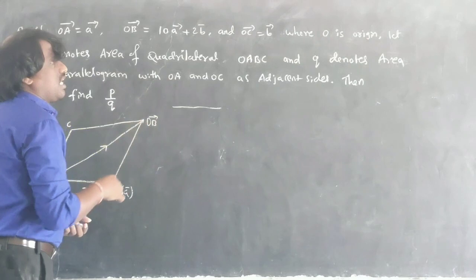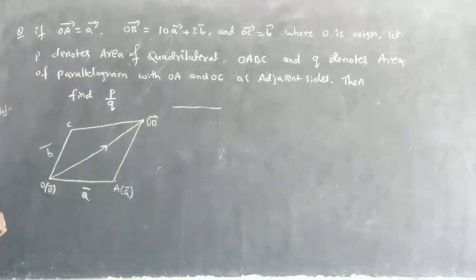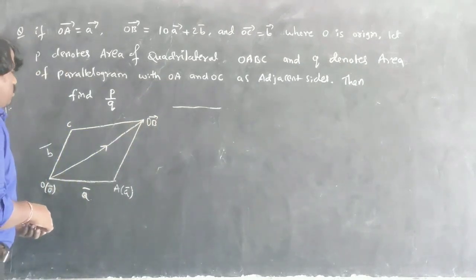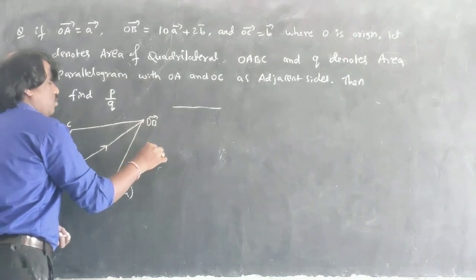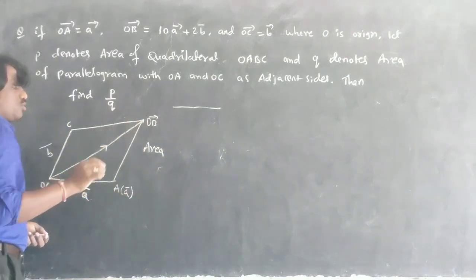Q denotes the area of the parallelogram. Actually it is said as parallelogram. One is the quadrilateral, one is the parallelogram, it's talking about both.